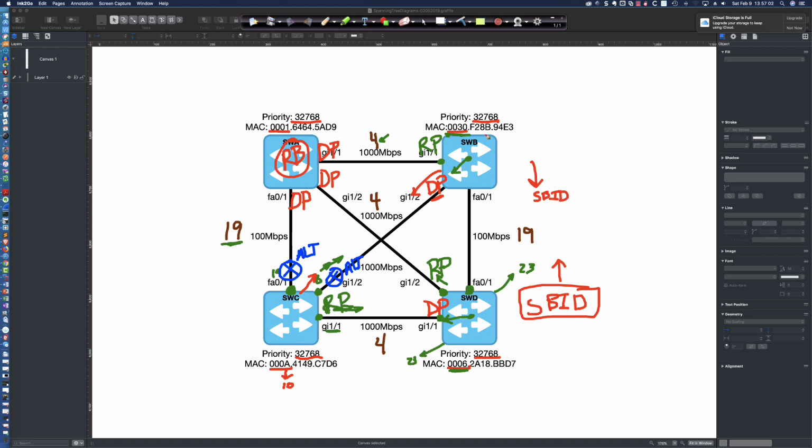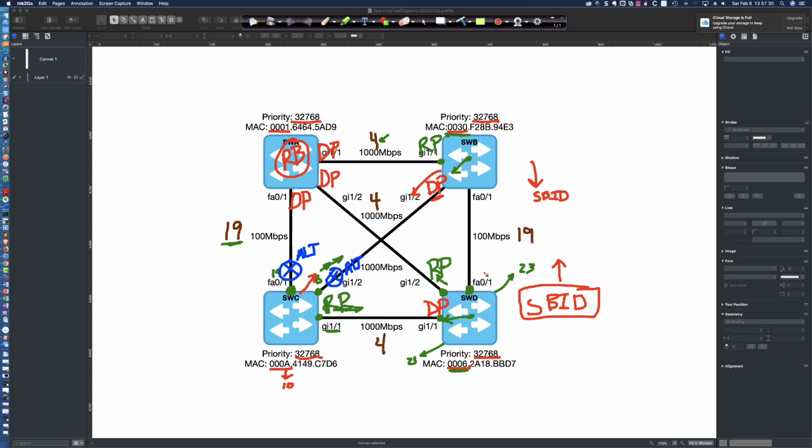So the bridge ID of switch B comes onto the segment, and he says, hey, my priority is 32.768, and my MAC is 0030. Switch D says, hey, my priority is 32.768. Excuse me, my MAC address is lower than your MAC address. Lower is always better. There will never be a tie.